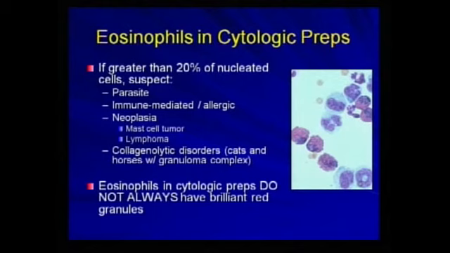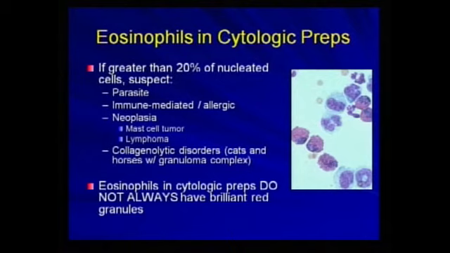And then there are a number of disorders of eosinophilic inflammation for which we really don't know the cause. Eosinophilic granuloma complex in cats, and horses with eosinophilic granulomas come to mind.